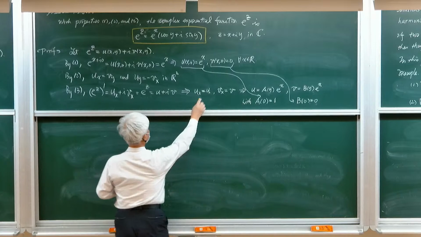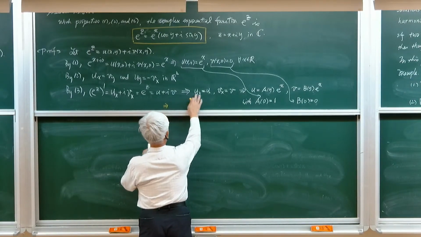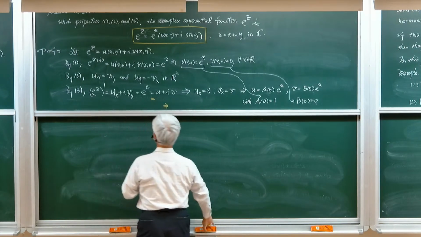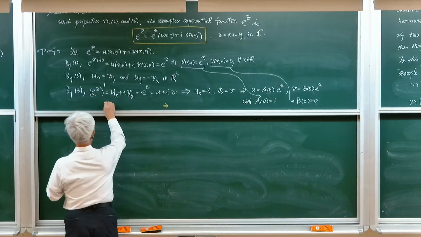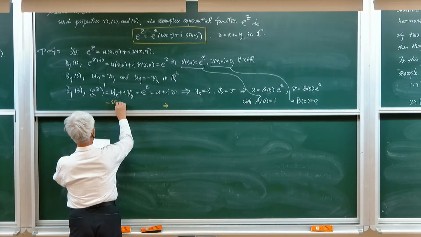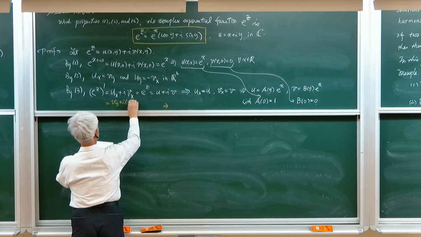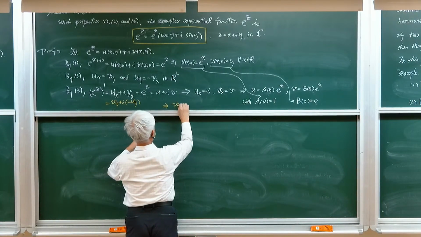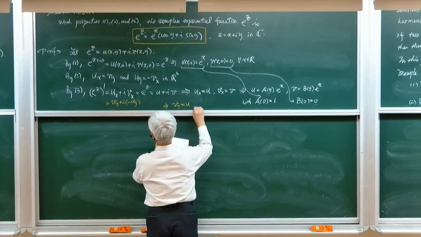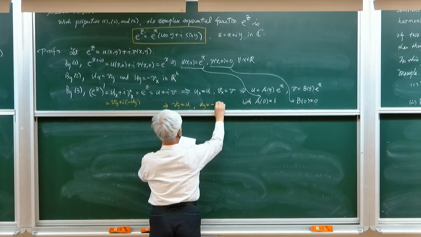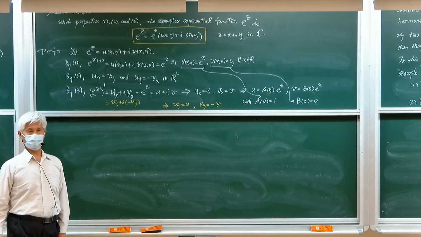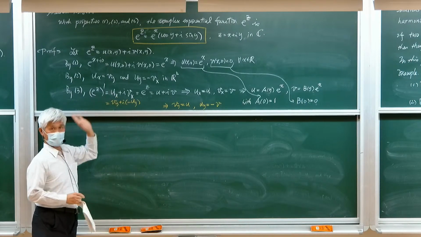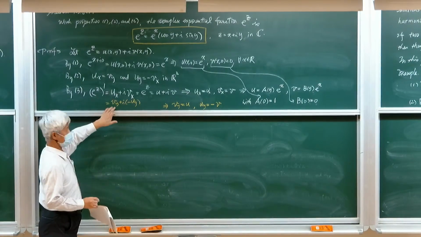Another way is, this is also equal to Vy plus i times minus Uy. So now we see Vy is equal to U, and Uy is equal to minus V. The derivative here is obtained by using the partial derivative with respect to x, and this is with respect to y.